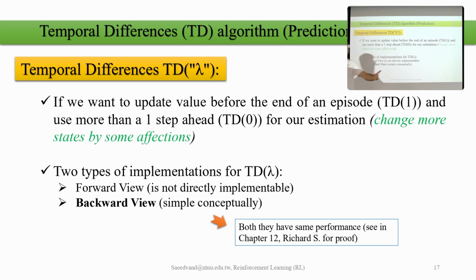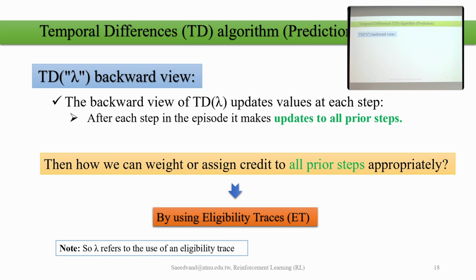In the backward view, when I'm moving backward and updating, it's like having a tail. I also mention that in chapter 12 of Richard's book, you can see the proof of why they are the same, and they are both working exactly the same.